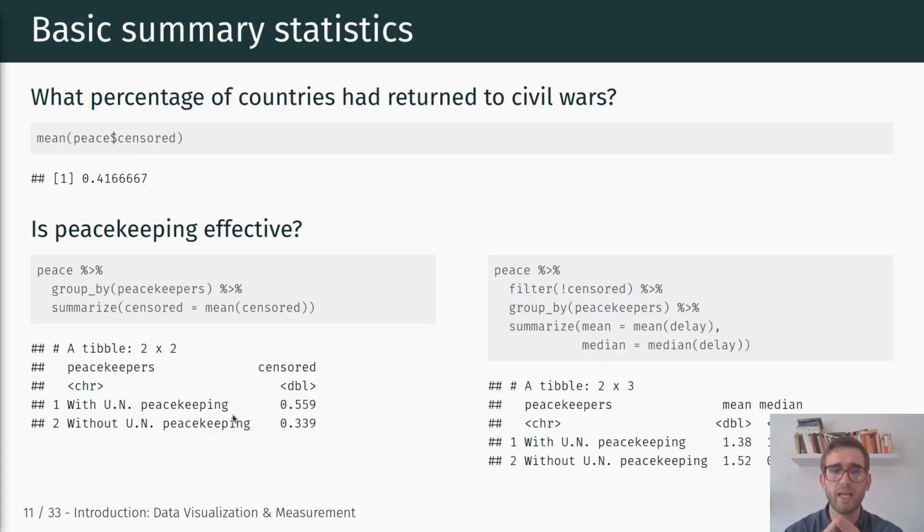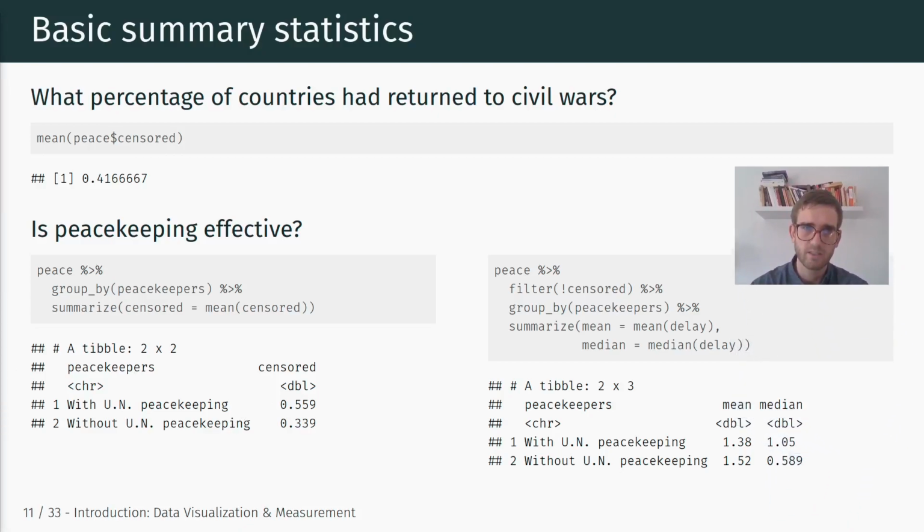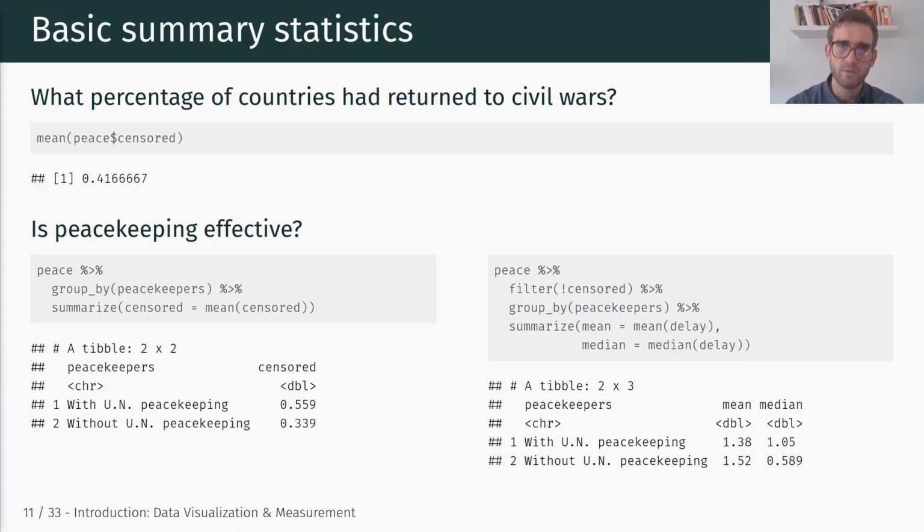We can also, rather than just looking at the dichotomous indicator, whether civil war returns versus not, look at the time span, how long it takes for the onset of civil war, again after the ceasefire, right?